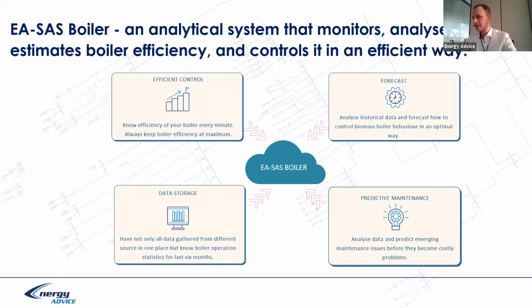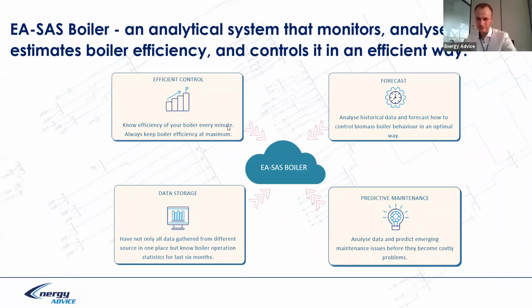EA-SAS Boiler is an analytical system that monitors, so it could also be called a monitoring system, and analyzes and estimates boiler efficiency and controls it in an efficient way. Efficiency control means that you know the efficiency of a boiler every minute.